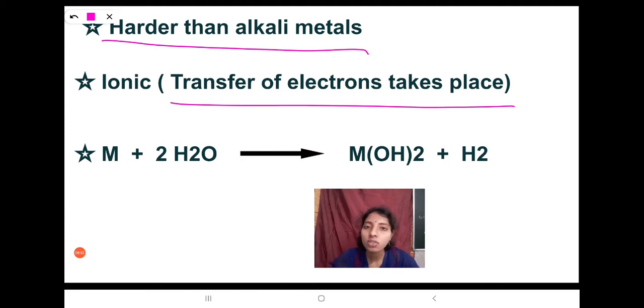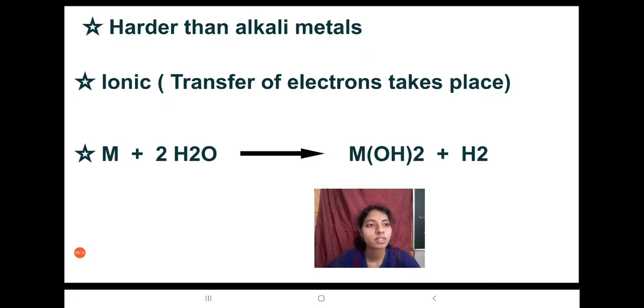So what is the valency of these elements? 2. So here the transfer of 2 electrons takes place. These elements, when they react with water, form corresponding hydroxides and release hydrogen gas. So these are some of the properties of these 2A group elements.